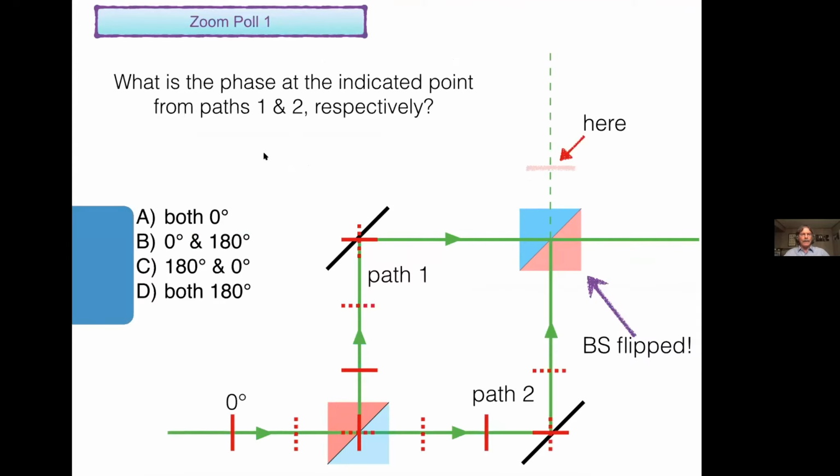Here is a zoom pole, and let's see if the zoom poles are functioning. Looks good. Let's do this zoom pole right here. Notice that this second beam splitter is flipped relative to this first beam splitter.